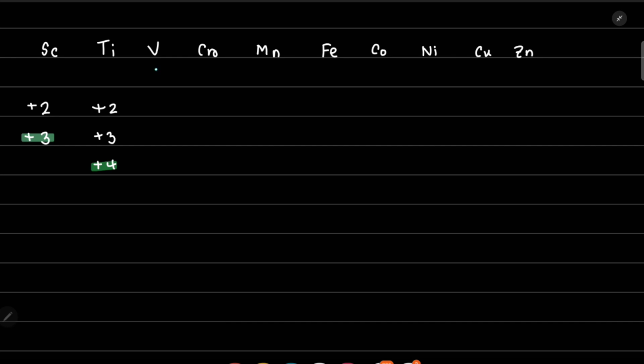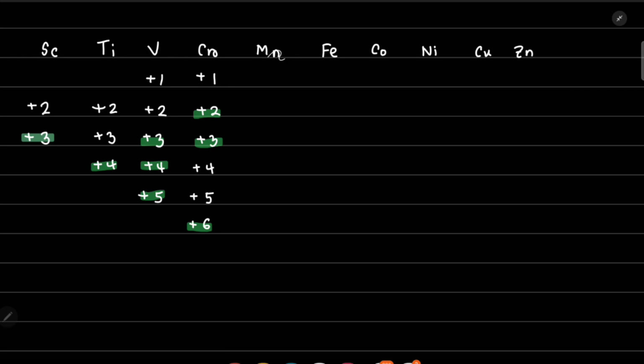Vanadium exists in plus 1, plus 2, plus 3, plus 4 and plus 5. Only plus 3, plus 4 and plus 5 are stable. Chromium exists in plus 1, plus 2, plus 3, plus 4, plus 5 and plus 6. The stable ones are plus 2, plus 3 and plus 6.